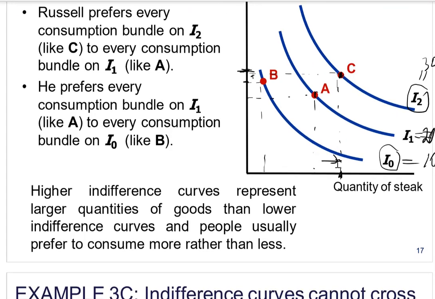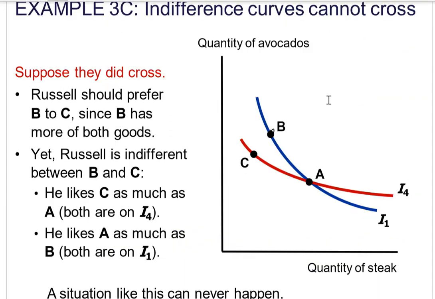Well, point C is preferred over B or A. Say we are on point B now, and Russell would prefer point B because it has higher quantities of both avocados and steaks compared to point C, which has fewer steaks and also fewer avocados.